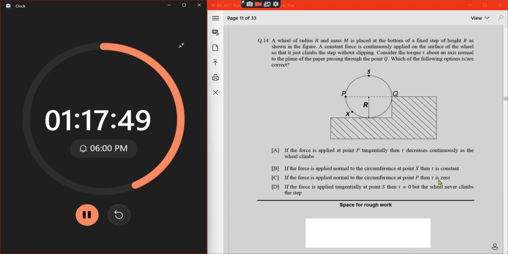Yes, so this is constant at zero. The force is applied tangentially at point S, then tau is not equal to zero, but the wheel never climbs up. Yes, it's not equal to zero, but the wheel never climbs the step, ऐसा क्यों भला? Why does that actually happen?